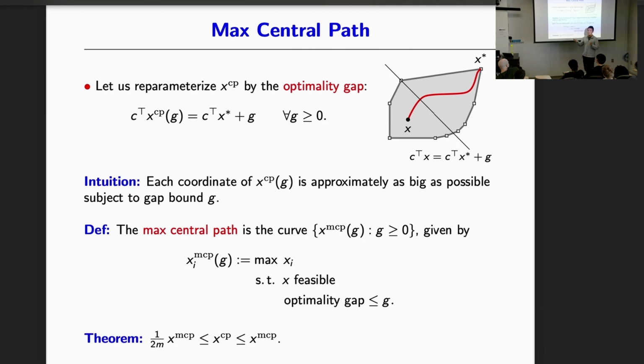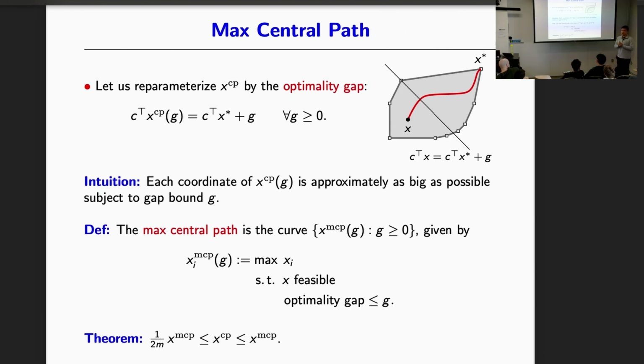So this tells you that the central path is sufficiently far away from every inequality, for a fixed g. Or if you think of g as varying, then this is a sandwiching for functions.